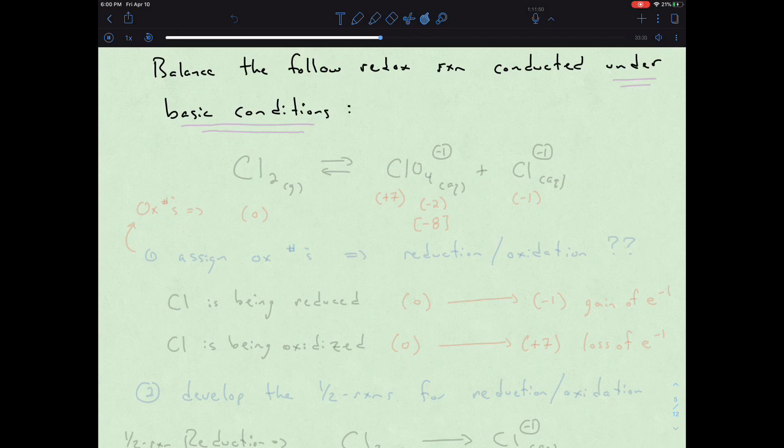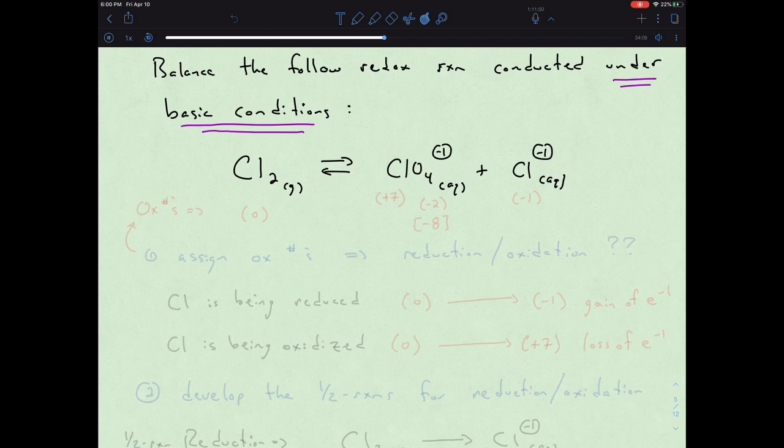And our reaction here is looking at chlorine gas to produce perchlorate and chloride. So there's our redox reaction, and again we're emphasizing the idea that now we're under basic conditions, and so that's the big difference here that we see.